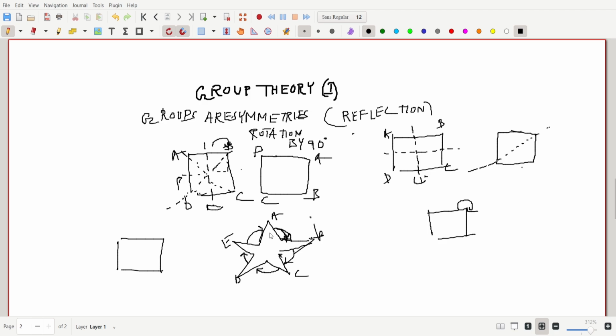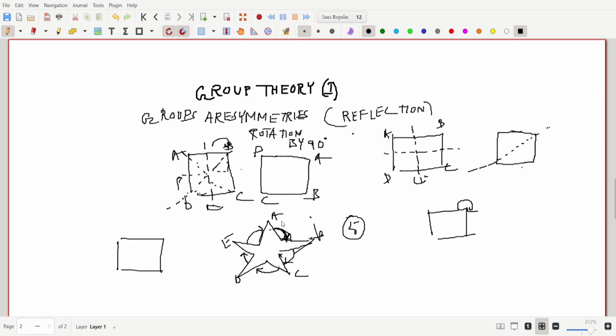This comes here, then this will go here, then this will go here. So basically, there are five rotations you consider. These are the only symmetries of this object.